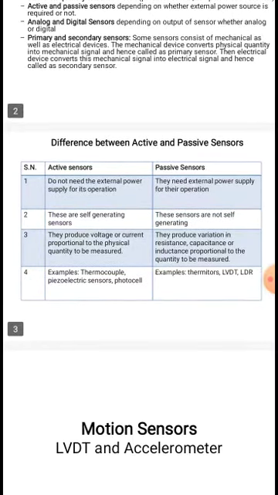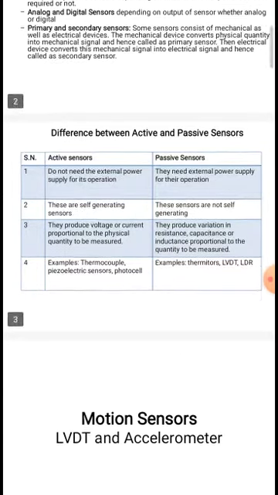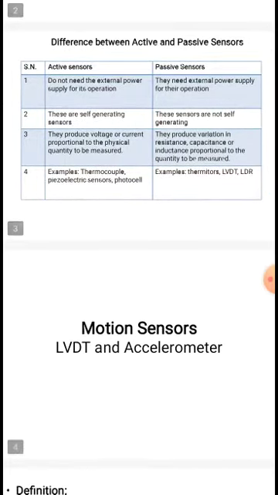One more important topic is the difference between active and passive sensors. This table shows the common differences between active sensors and passive sensors. The first point is that an active sensor does not need an external power supply for its operation, for example a battery. Passive sensors require an external power supply.